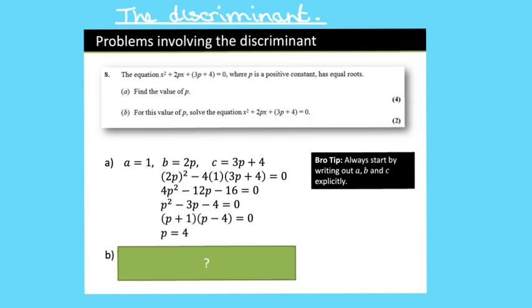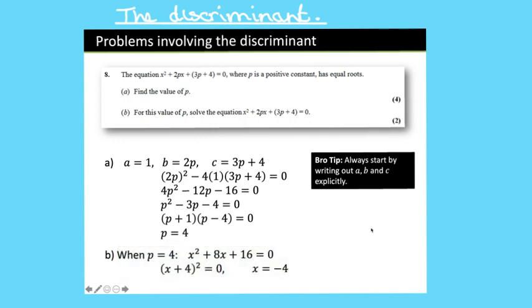So p squared minus 3p minus 4 equals 0. Factorize, you get p plus 1, p minus 4 equals 0. We are only interested in positive values, so p must equal 4.